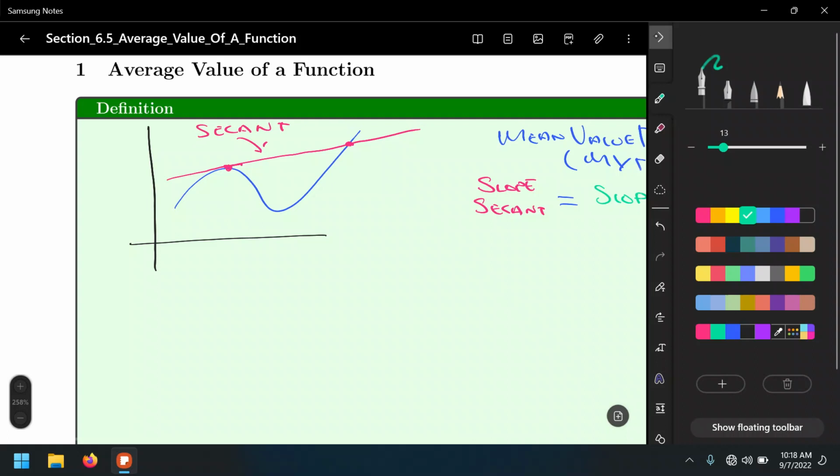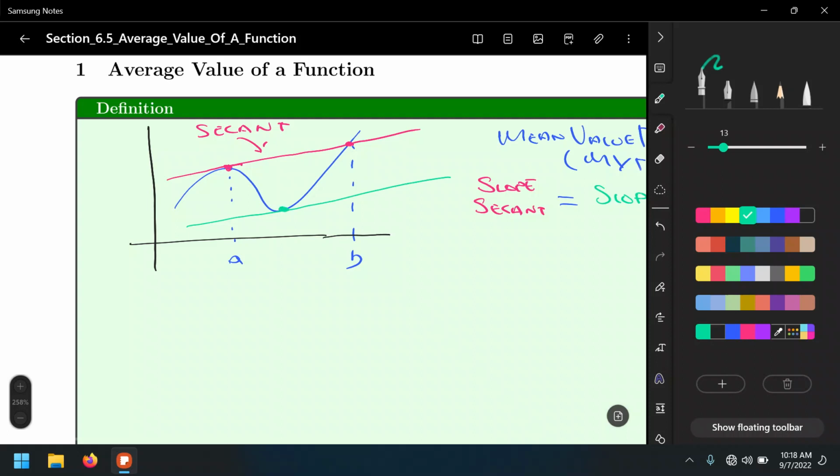Of course, between a and b, how many tangent lines can we trace? Infinitely many, pretty much, right? But we're looking for a very specific tangent line, only one, a tangent line that has the same slope as the secant, and I'm estimating somewhere here.